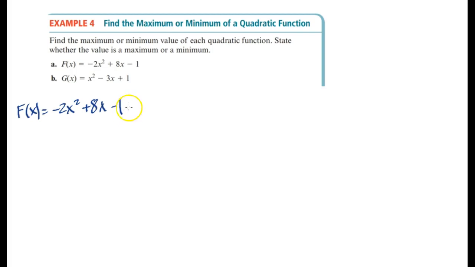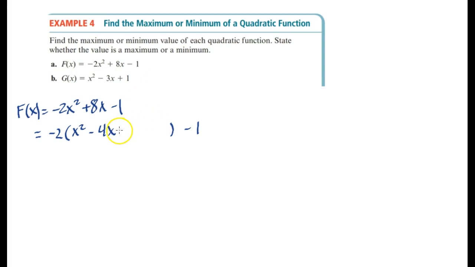Remember that we want to factor the leading coefficient out of just the x terms first, not the constant, the negative 1. So we would have negative 2x squared, and we're factoring out a negative 2 from 8, so that leaves negative 4x. I'm going to leave the blank here and bring the negative 1 over here. We're not factoring the negative 2 out of the negative 1. So that's what we're left with.